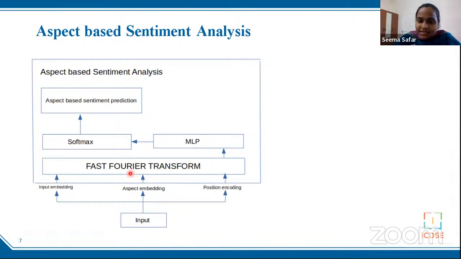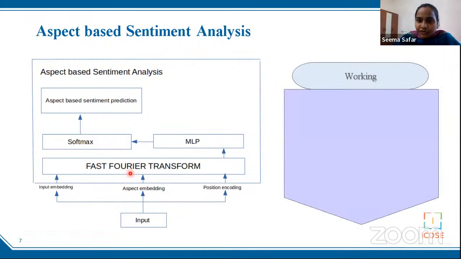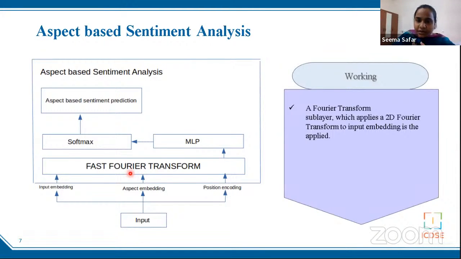Two-dimensional FFT is what we are focusing on. We apply a two-dimensional FFT onto the input embedding, where a one-dimensional FFT is applied along the sequence length, and a one-dimensional FFT is applied along the hidden dimension.